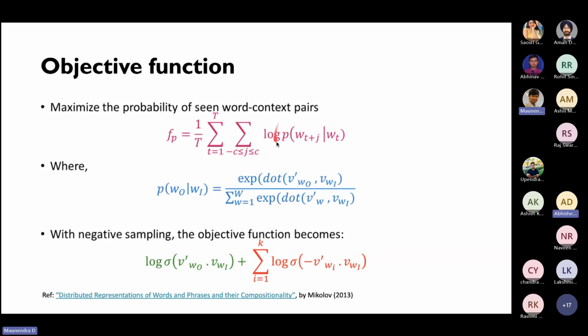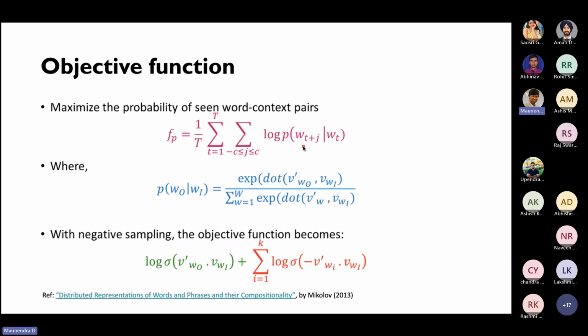So at this point, let us assume that there is a way to find this p. Under that assumption, I hope this objective function is clear. Now, as you mentioned, we need to identify a way to find this p.